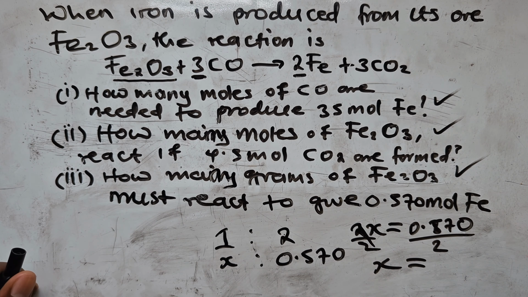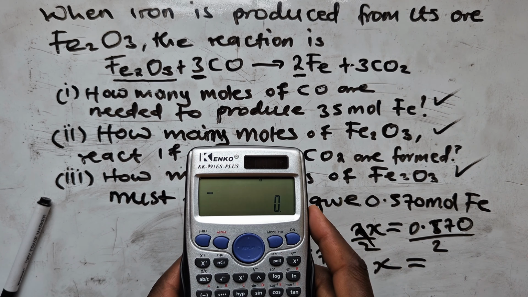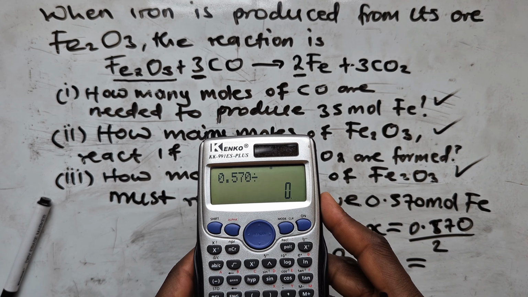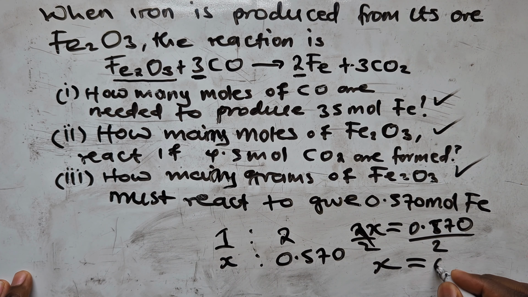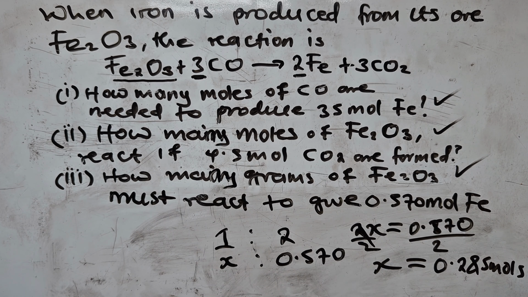Then x has to give us something. So we have 0.570, divide this by 2. We are getting 0.285 moles. So we can change this number of moles into mass.